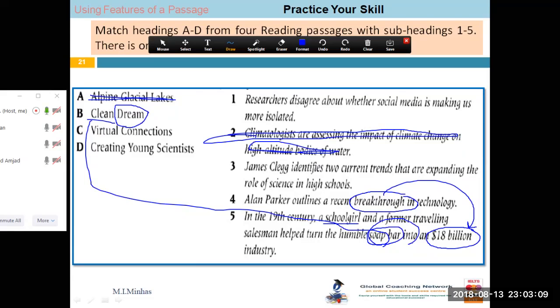Now, let's say I'm reading a passage, and in that passage it is written that in 1857, a war was fought between locals and the Britishers. You can write it down.